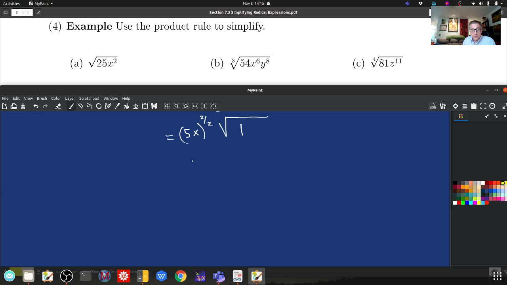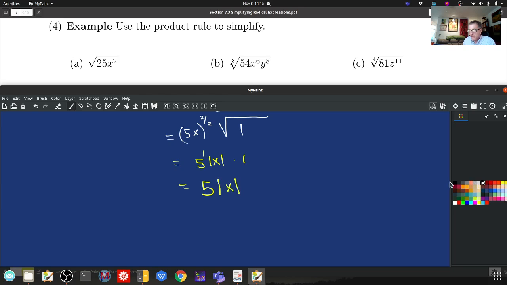So technically, this is equal to 5 raised to the first power times the absolute value of x times 1, because the square root of 1 is 1. So its actual answer is 5 times the absolute value of x.